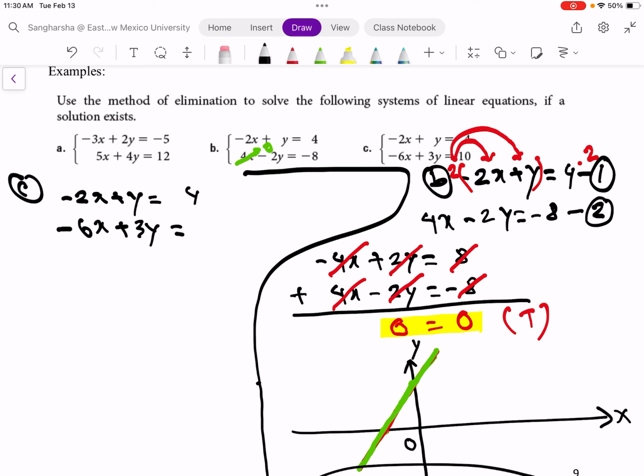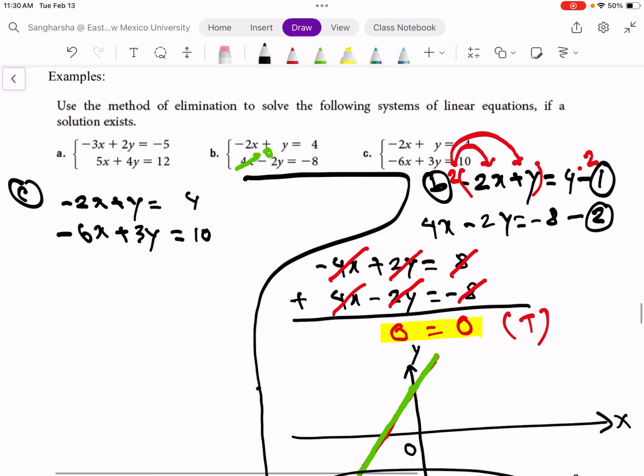Is it negative 10 or positive 10? Okay, positive 10. So this is equation 1, this is equation 2.